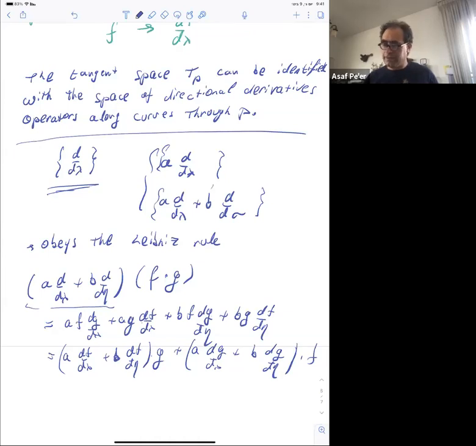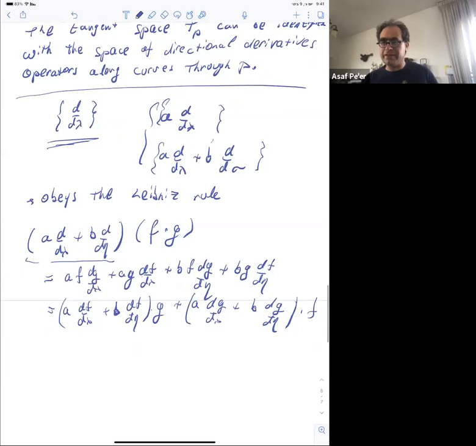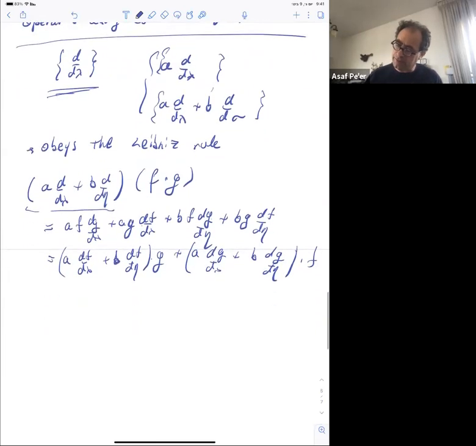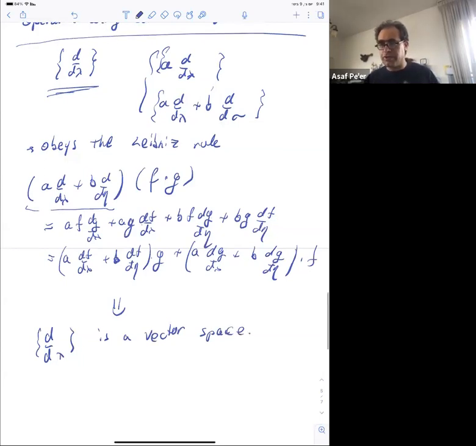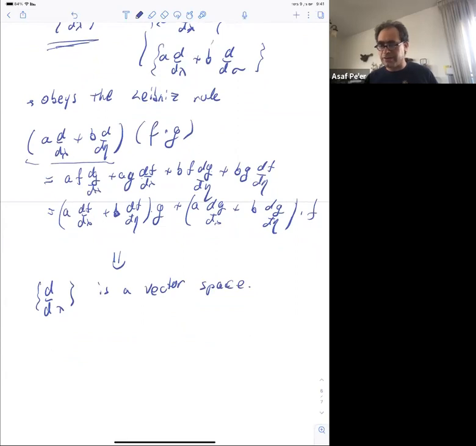So this proves that d over d lambda is a vector space. But now we want to make sure that this vector space is indeed the tangent vector space. Is it?